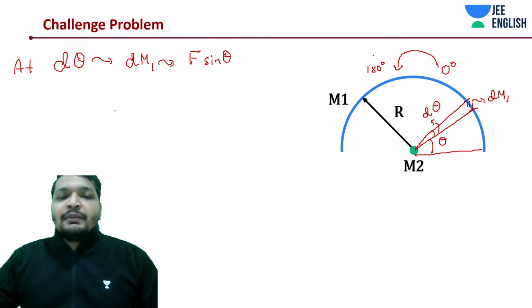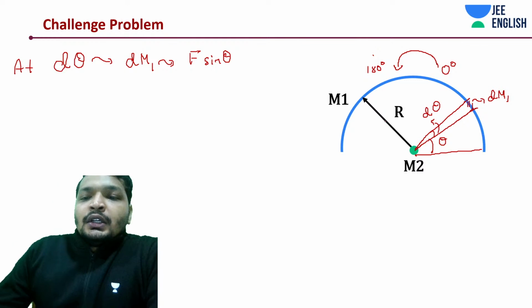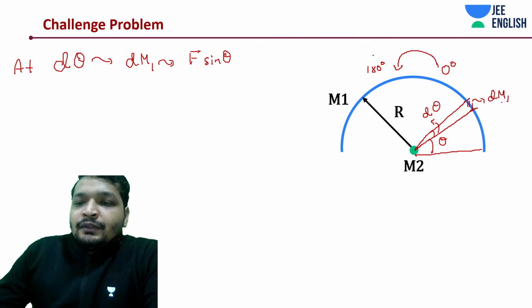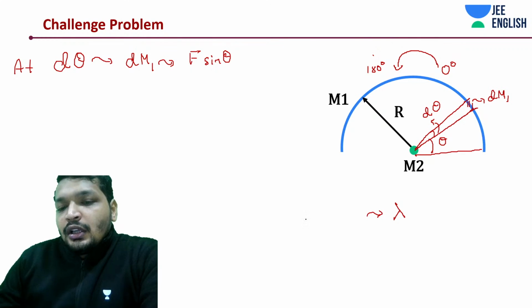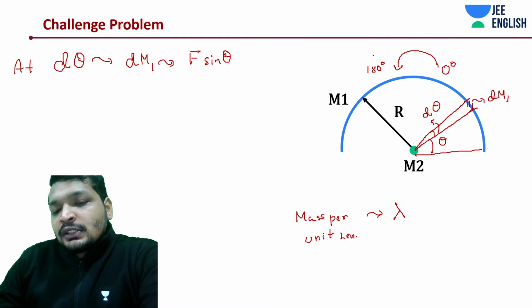Alright, now comes the next thing. How do we find out the mass dm1? First of all, I told you, whenever a question is given like this, what you need to do is find something known as mass per unit length. How much is this going to be?